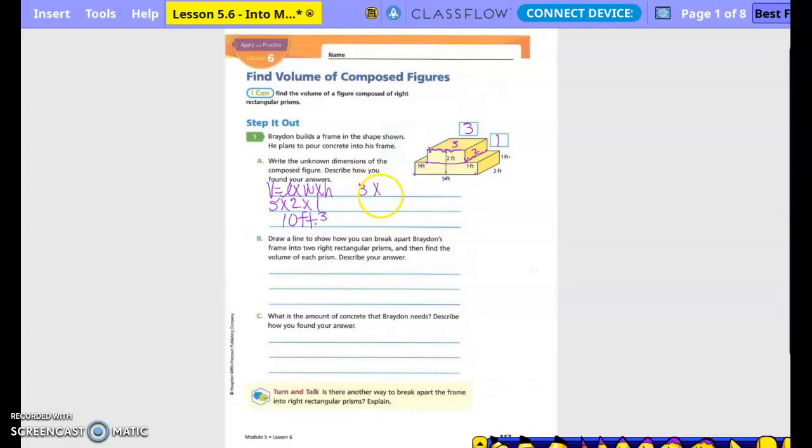What's our width? 2, and what's our height? 1. So 3 times 2 times 1 is 6. So 6 feet cubed. Then what do we do with that information? We add the 2 together to find the whole. So 10 plus 6 equals 16 feet cubed.